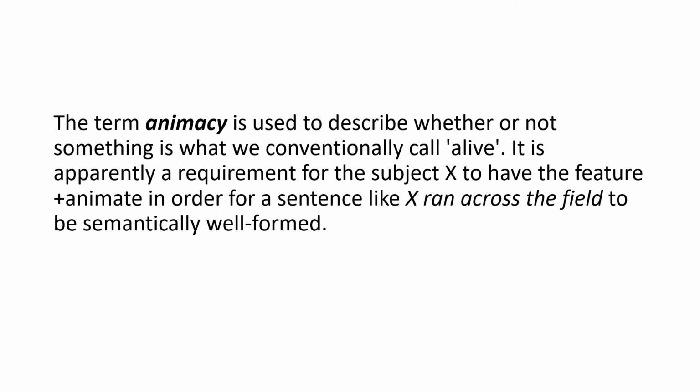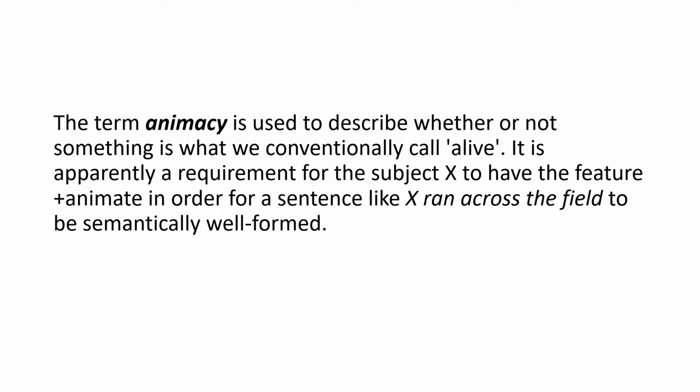It is apparently a requirement for the subject X to have the feature plus animate in order for a sentence like X ran across the field to be semantically well formed. It must be: he ran across the field, a boy ran across the field, a girl ran across the field, a child ran across the field.